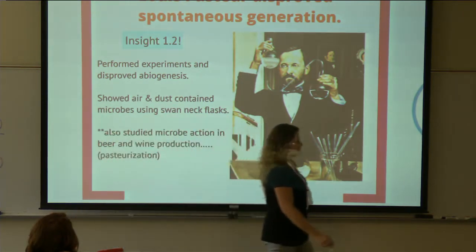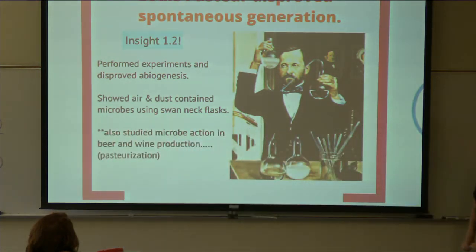So he took those two flasks, and I'll just draw a little picture on the board over here. So here's one. I'm the greatest artist, so just bear with me, even though I'll have you guys draw all kinds of pictures all semester long. So I'm going to draw the swan neck flask.